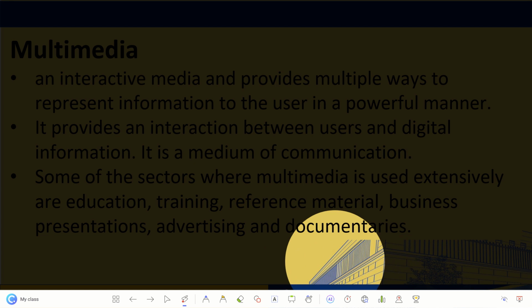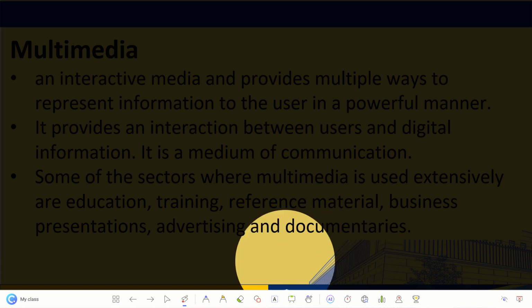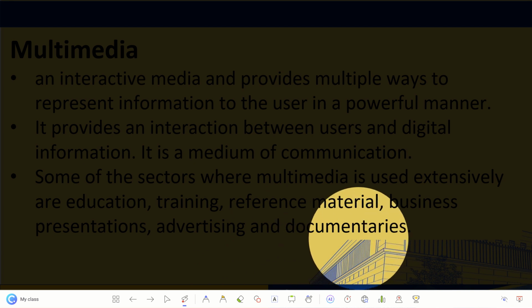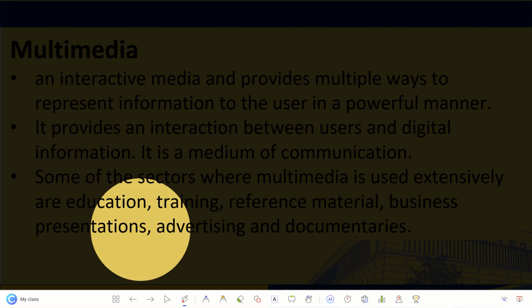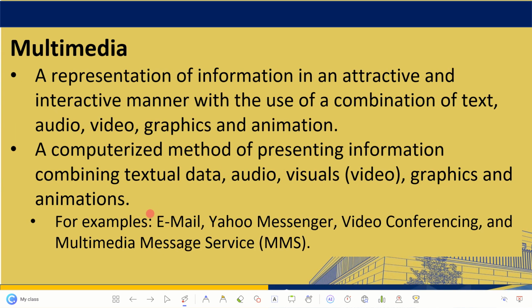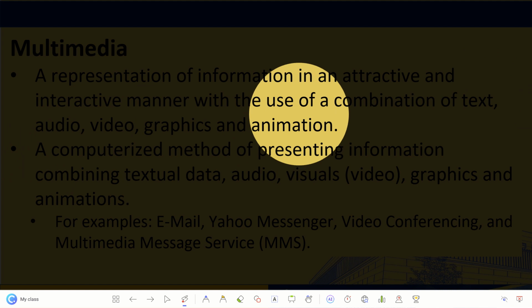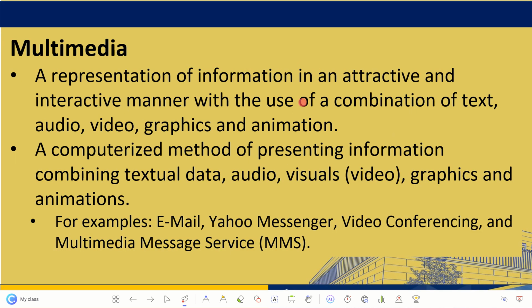For printed materials, we have letterheads and the cover photo, or the cover folder, or for the portfolio. So aside from that, we also have a combination of text, definitely, a combination of text, audio, video, graphics, and animation, which was also discussed last meeting.